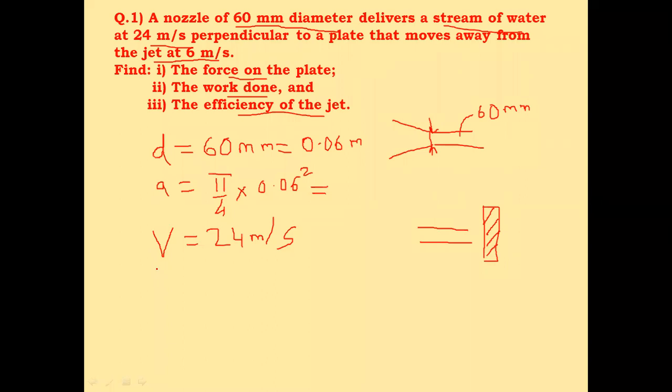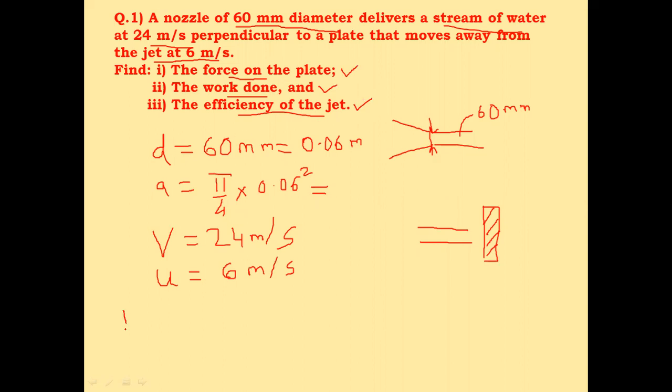And the plate moves away from the jet at 6 meter per second, so small u is 6 meter per second. And we have to find out the force on the plate, the work done, and the efficiency of the jet.